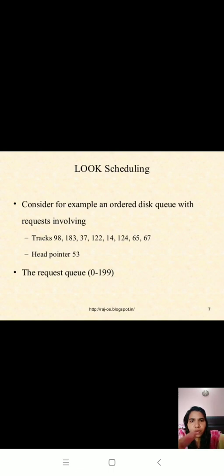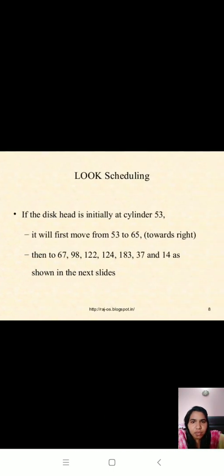Okay, so let us see what the process is to solve this problem with the help of LOOK scheduling. Our read write head pointer is at place 53 of the cylinder, and we have to move towards the right of 53.